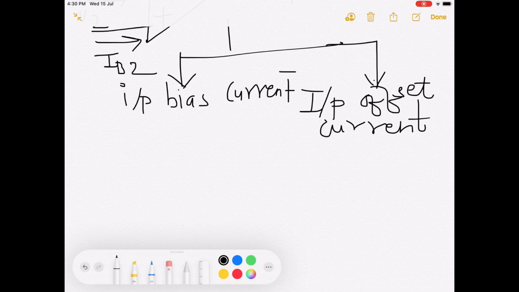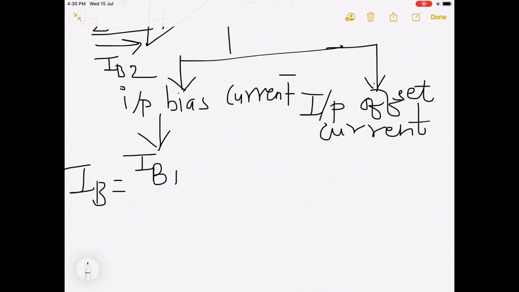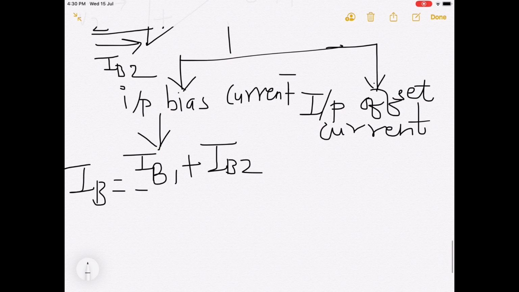This is a very important phrase. So, input bias current can be written like this: IB is equal to (IB1 plus IB2) divided by 2. It is the average of input currents flowing into the inverting and non-inverting terminals.